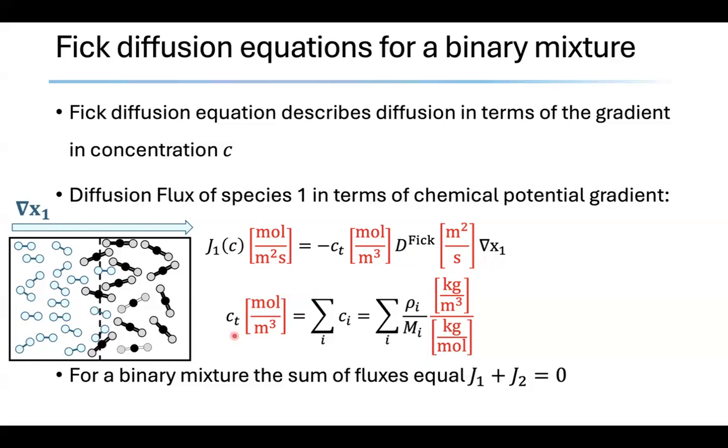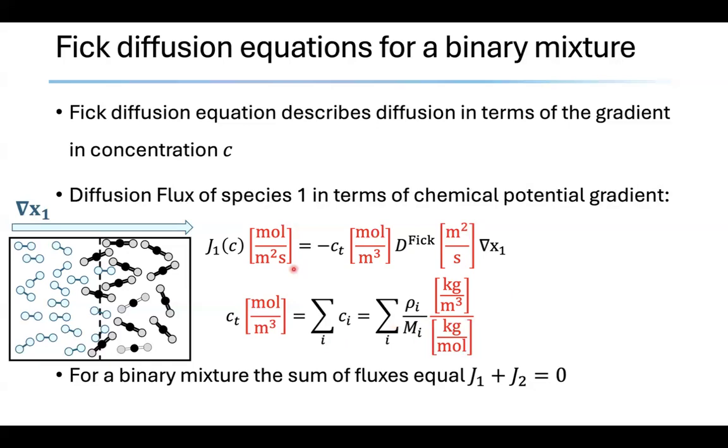The way you calculate Ct, or the total concentration, is the summation of Ci, where i equals 1 and 2, since we only have two components, and that equals the density of component 1 divided by the molar mass of component 1 plus the density of component 2 divided by the molar mass of component 2.